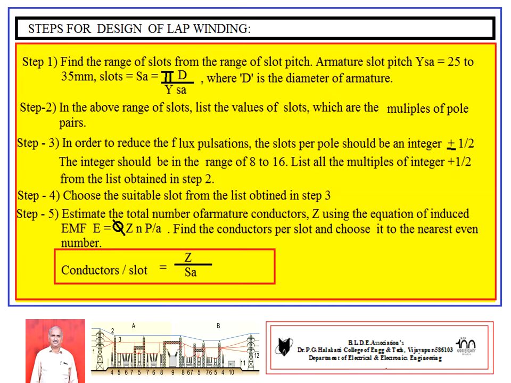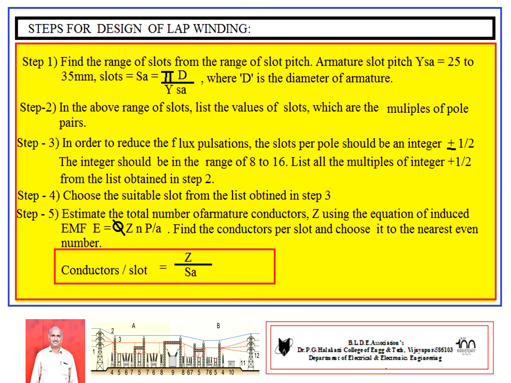So generally remember, slot pitch equals pi D by S. By using that, the slot pitch lies between 25 mm to 35 mm. By using these minimum and maximum values, it is possible to calculate the number of armature slots.